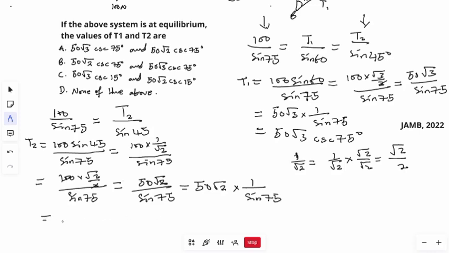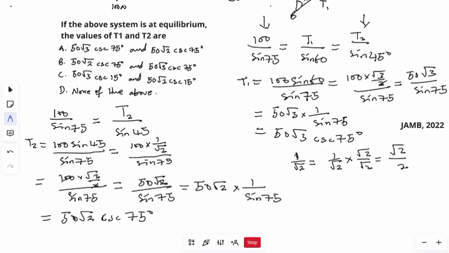So if you process that, you now have 50 square root of 2 cosecant of what? 75 degrees.